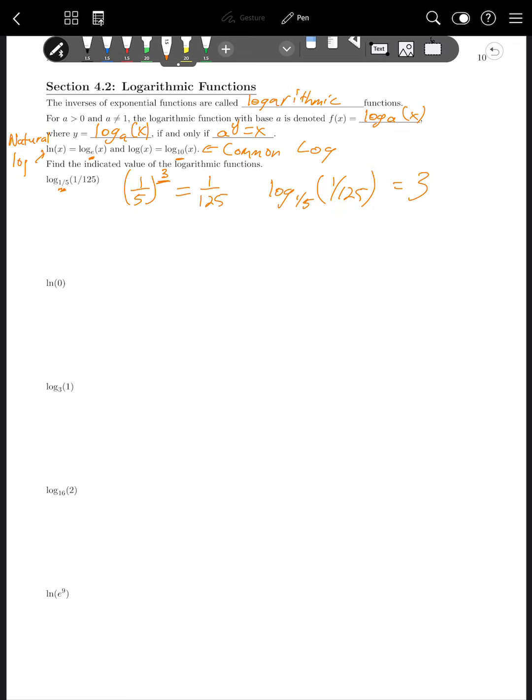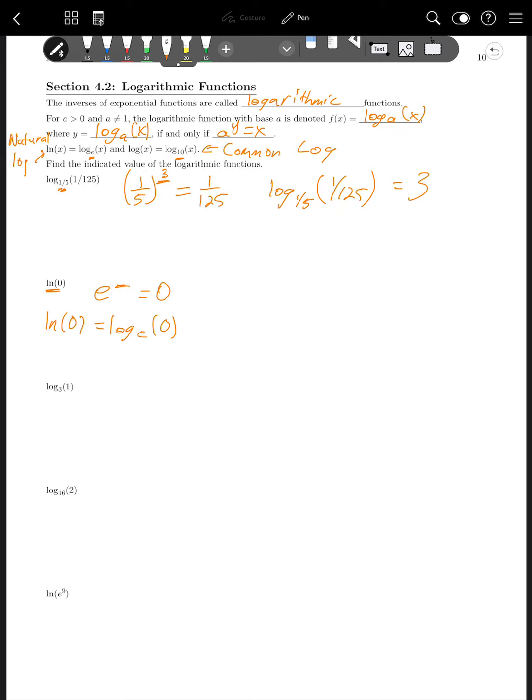Now, because of this, if we take the next example, e to the what equals 0, we run into some exceptions. The first thing to notice here is I wrote that as e to a power, so this is just using the natural log idea. The natural log of 0 is the same thing as log base e of 0. And so e to what power equals 0? Well, there is no power you can raise e to and get 0.